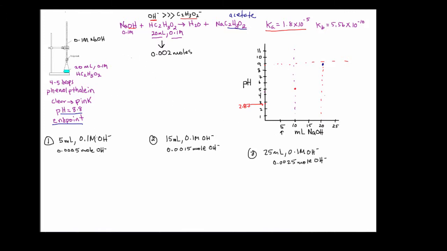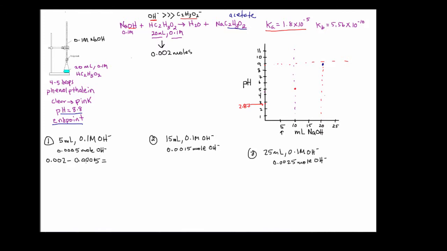5 milliliters of sodium hydroxide solution is the same as saying that we're going to add 0.0005 moles of hydroxide. So to figure out the concentration of HA and A minus, first we're going to subtract the amount of hydroxide from the original amount of HA in the solution.